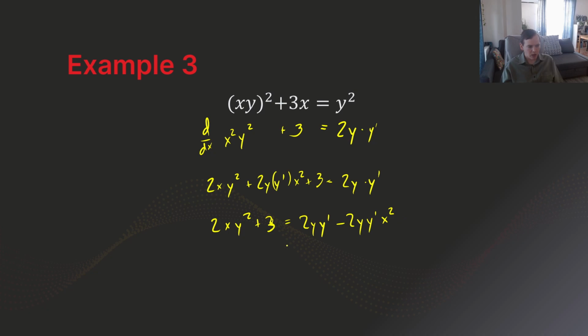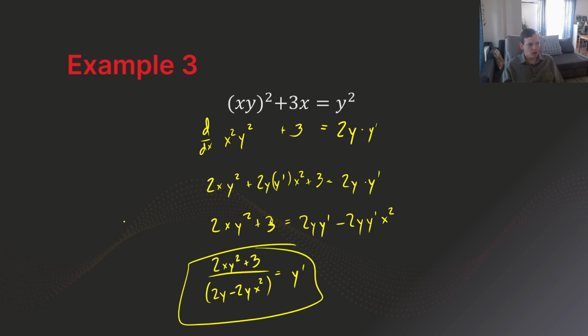I'm going to factor out y prime from the right and then divide everything that's left over. So I get 2xy squared plus 3 over 2y minus 2yx squared is equal to y prime. The leftover thing is y prime, and that will be our derivative.